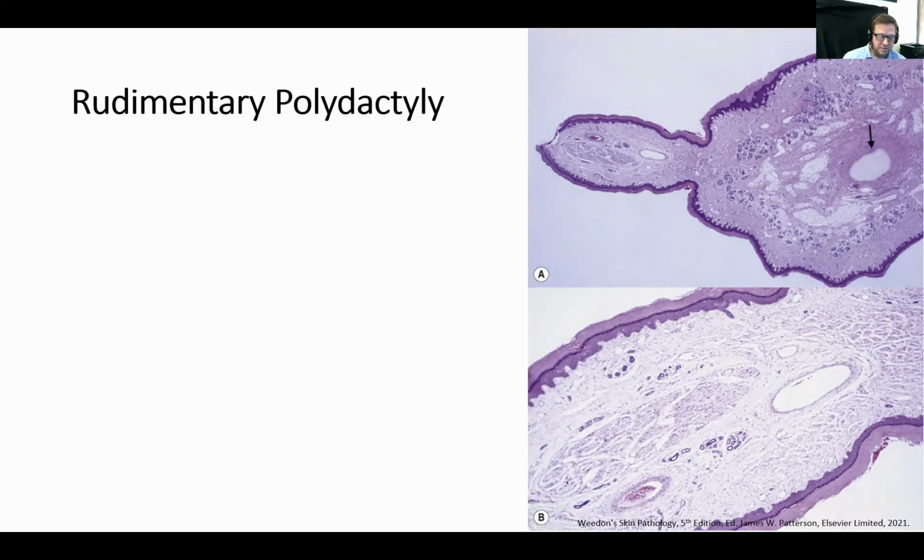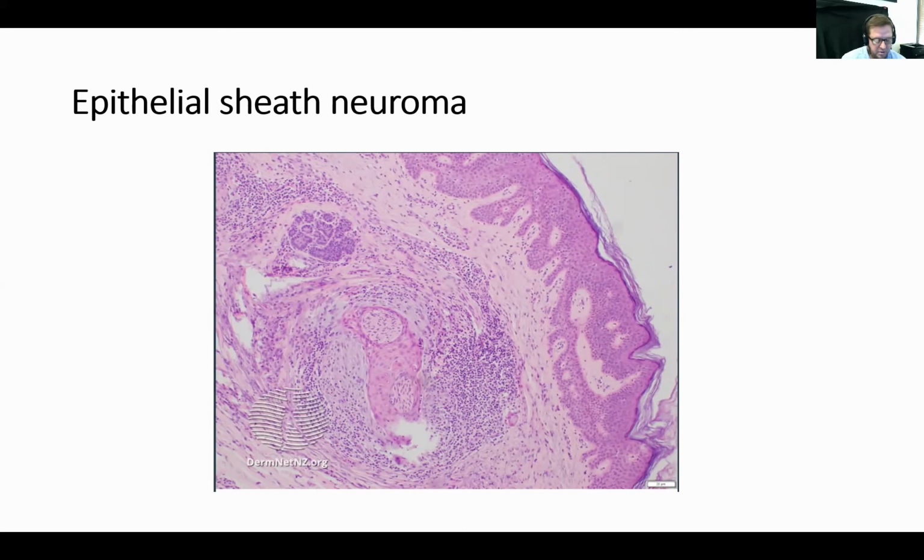The epithelial sheath neuroma, I said, is a very good name. Just think clinically, memorize this: papules, plaques, upper back of the elderly, and you'll see squamous epithelium surrounding mature nerve segments. This is really important to know about so it doesn't get accidentally diagnosed as invasive perineural invasion of a squamous cell carcinoma, because it occurs in a group of people who also get invasive squames.